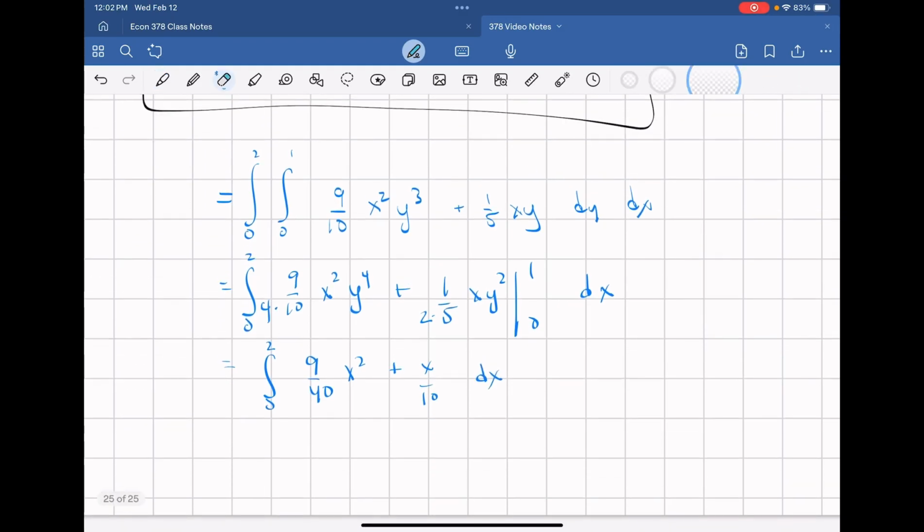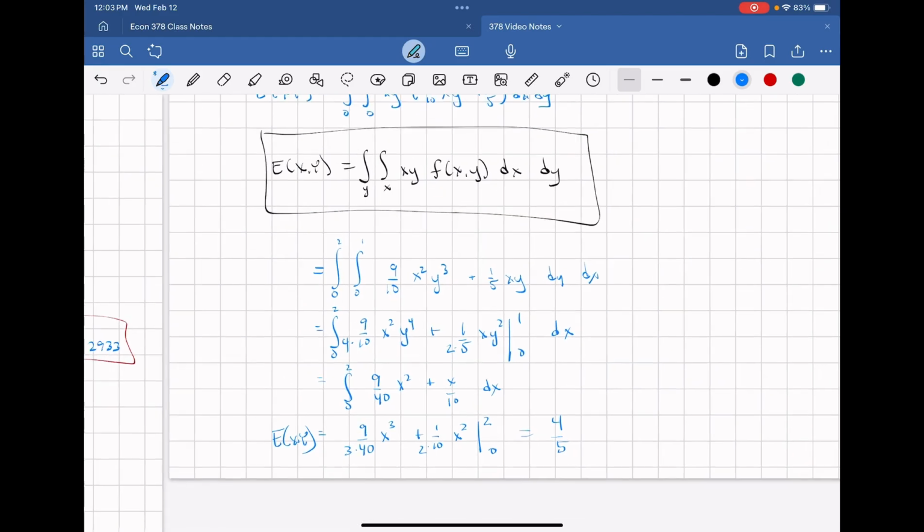Now we take the integral of this, which we're going to get 9/40 x cubed, bring the 3 out in front, plus 1/10 x squared, bring the 2 out in front, evaluated from 2 to 0. And this will equal 4/5. And again, that is just the expected value of xy.